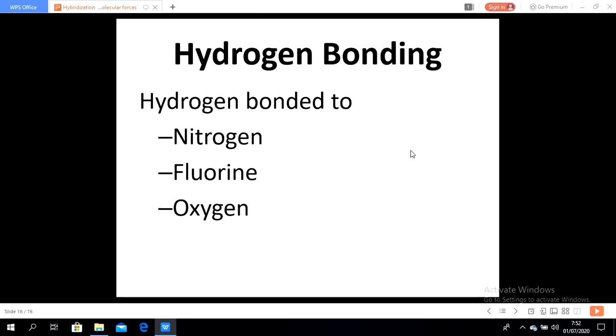Fluorine: HF, hydrogen fluoride. It is also hydrogen bonding. It dissolves in water. The last is oxygen. When hydrogen is bonded to oxygen, it is water itself. So water is polar. Why is water polar? Because it has hydrogen bonding. Polar can dissolve in polar, non-polar can dissolve in non-polar, non-polar cannot dissolve in polar, and polar cannot dissolve in non-polar.